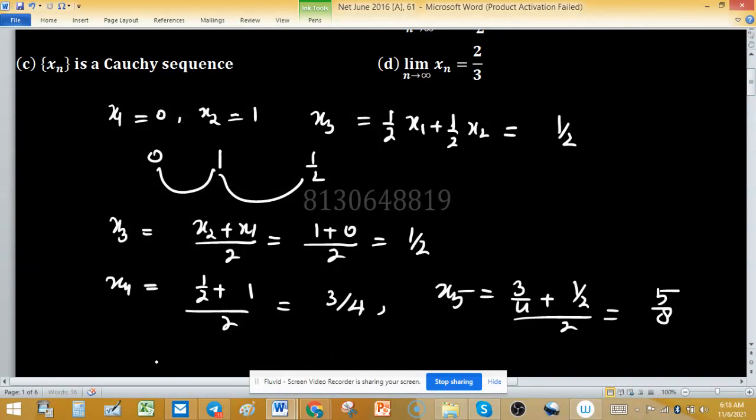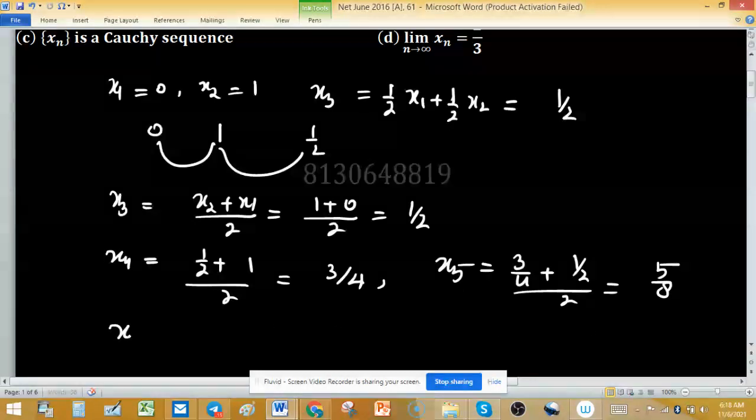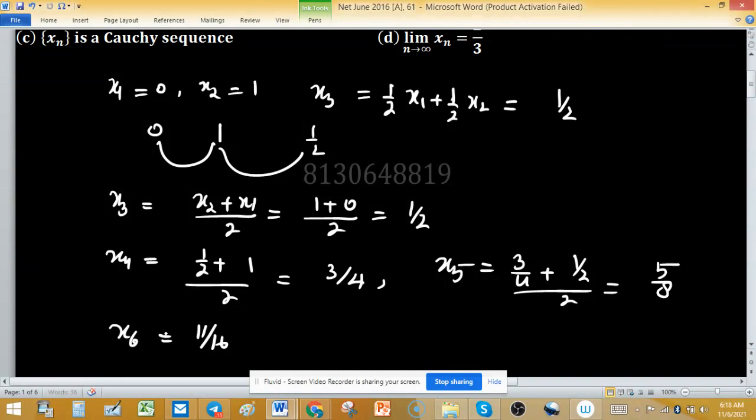Now x6 you can easily find out. So x6 will be 11 by 16. So these are few terms of the sequence we can easily find out.